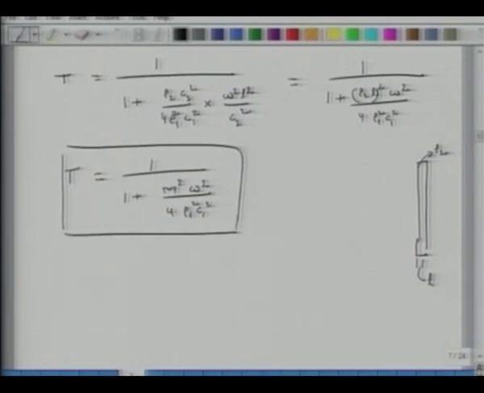Now on this one, if I do a transmission loss, this is the power transmitted.